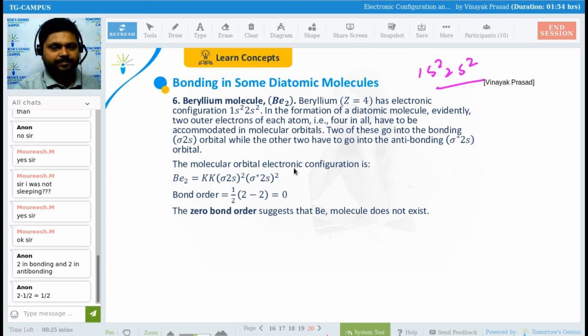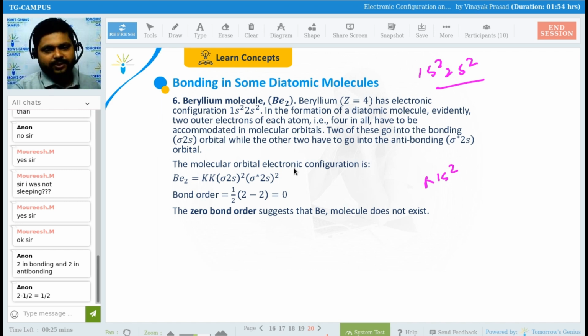Getting my point, everyone? So what will be the molecular electronic configuration? Sigma 1s2, then sigma star 1s2. Getting my point, everyone? Easy.